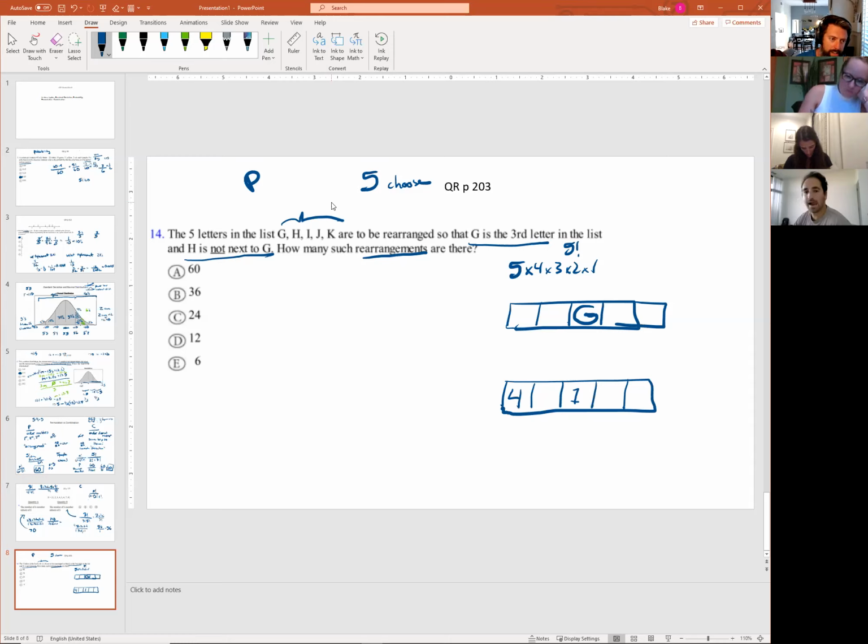So, all right, how many possibilities do we have for this second slot? Now, we have to remember H is not next to G. So we can't have H, and we can't have G. So we'll put H crossed out and G crossed out. We can't have H and G here. And we already used one of our letters.